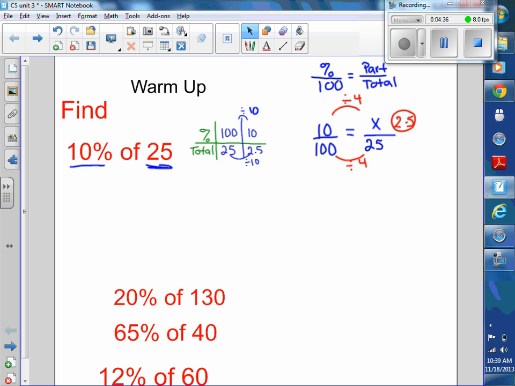Does that make sense? So one other thing about this method here, the proportion, one other way we solved it back on our second test was we did a common denominator solving. 10 divided by 100 is equal to x over 25, but then we said another way to solve a proportion is to get the denominators to be the same.